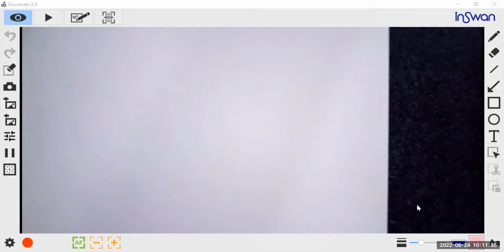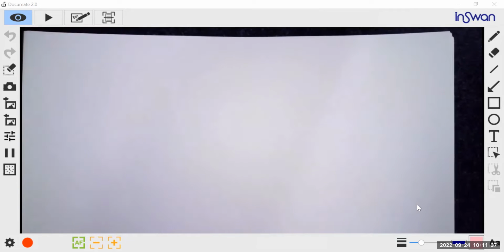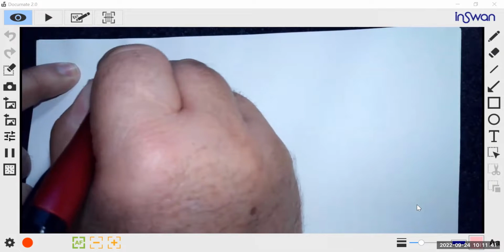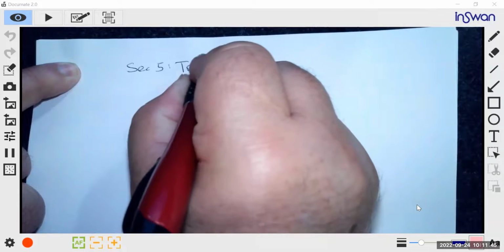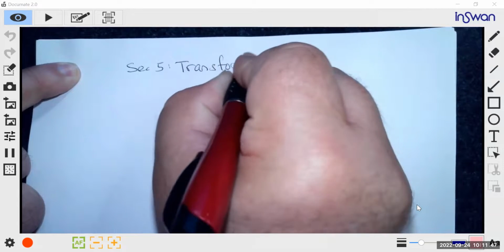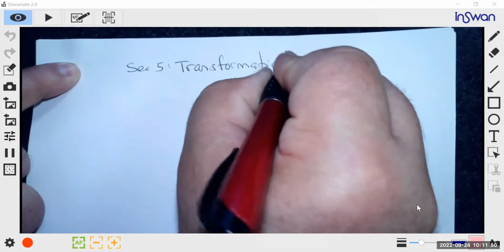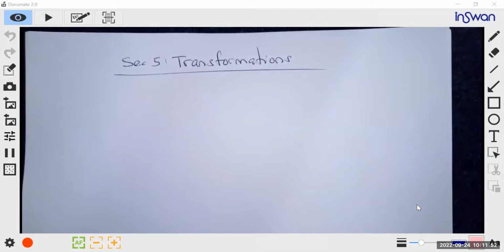Okay, let's go ahead and do the last thing of the chapter. Transformations. Now the transformations, you have to know the original, you have to know the library of functions.